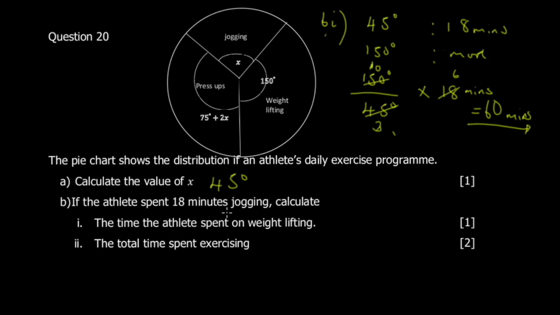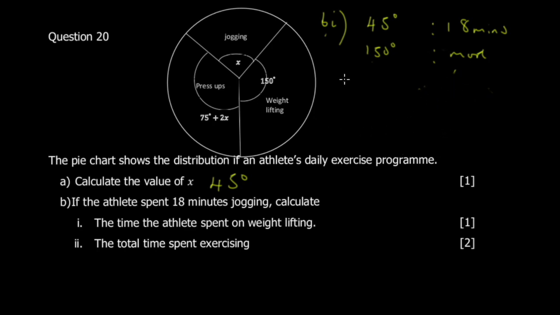And then the total time spent exercising. You can use the simple proportion, but here the total time would be corresponding to the share of 360 degrees, like this. So if it's 360, it's still again more. So it's 360 degrees divided by 45 degrees multiplied by 810.